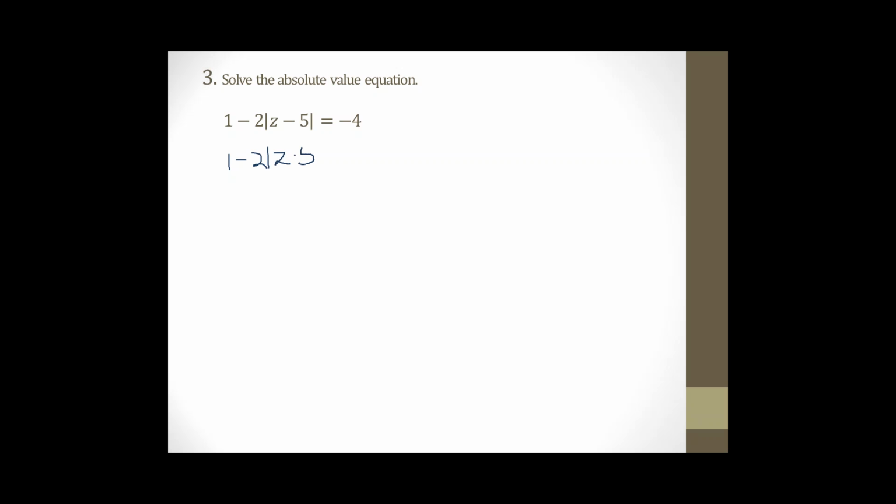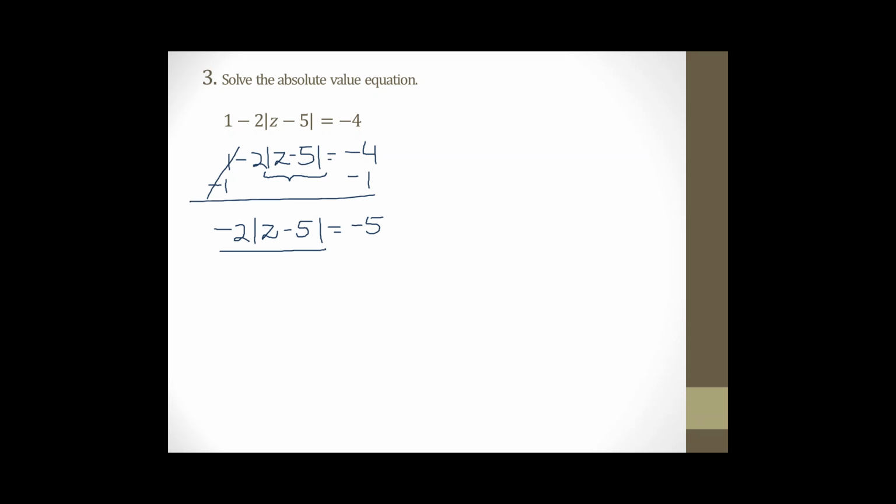Let me just copy it down, and before we can write our two statements, actually we need to isolate the absolute value bar, which is right here. So to get the absolute value by itself, we first subtract 1 from both sides, and we are left with -2 times the absolute value of z minus 5, and that is equal to -5.